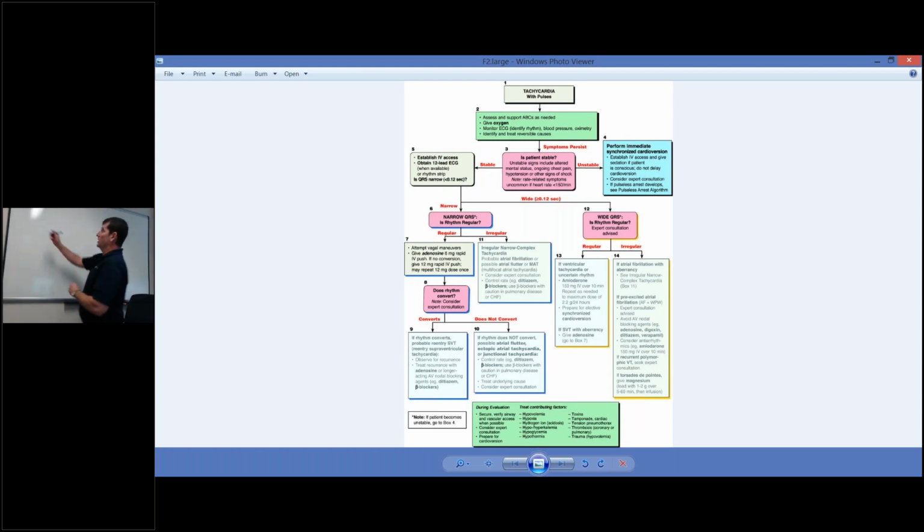What I'm looking at is different types of rhythms, and I have basically, in my mind, 3 rhythms. I have my fast rhythms, I have a slow rhythm, and then I have my non-perfusing rhythms.